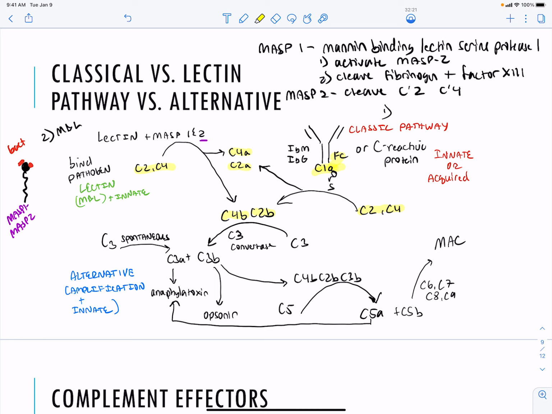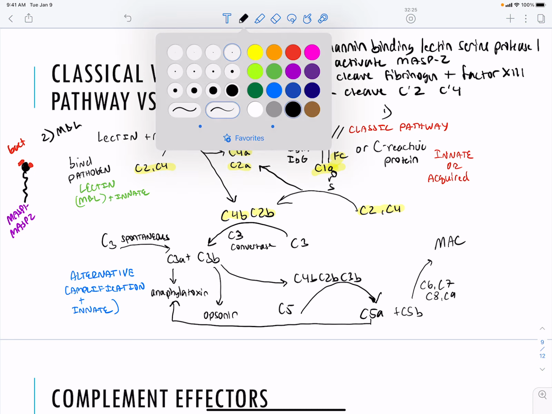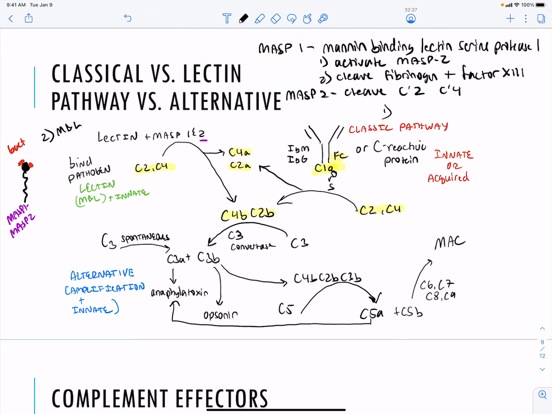Now the one that's a little bit different, and we're not going to go too much into the difference, but there's a few things you need to know about this one, is the alternative pathway. The alternative pathway was discovered obviously after the classic, so it was just called alternative. C3 can spontaneously break down into C3A and C3B, and it does that all the time in your body.